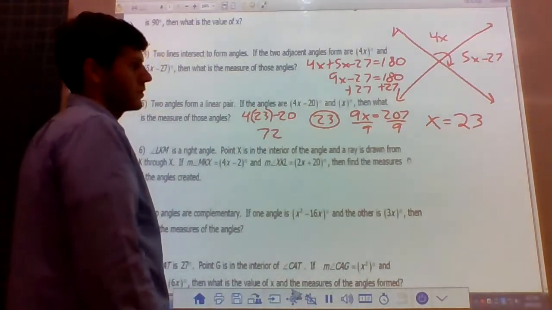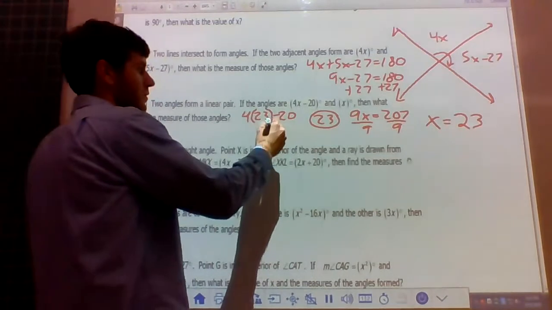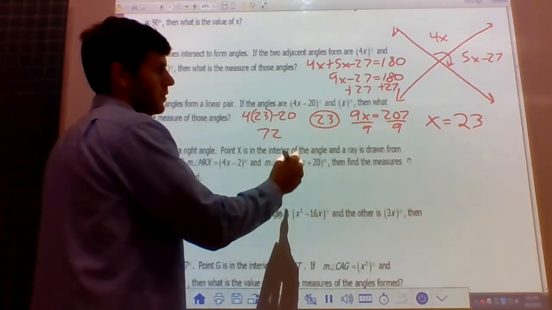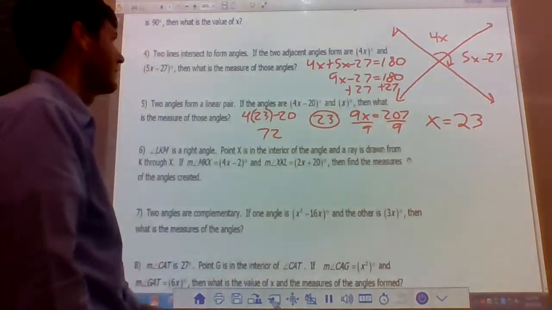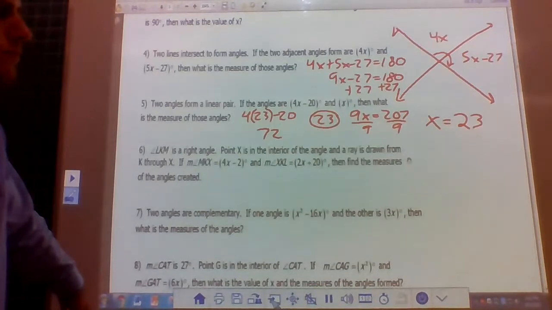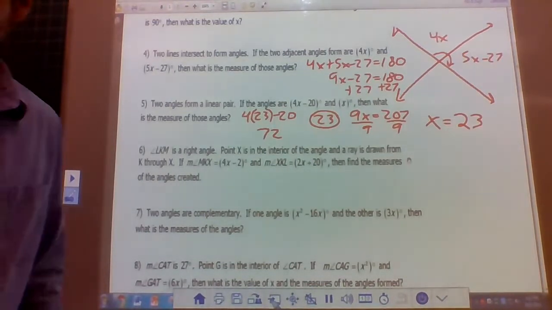That's totally wrong. Let's just use a calculator.